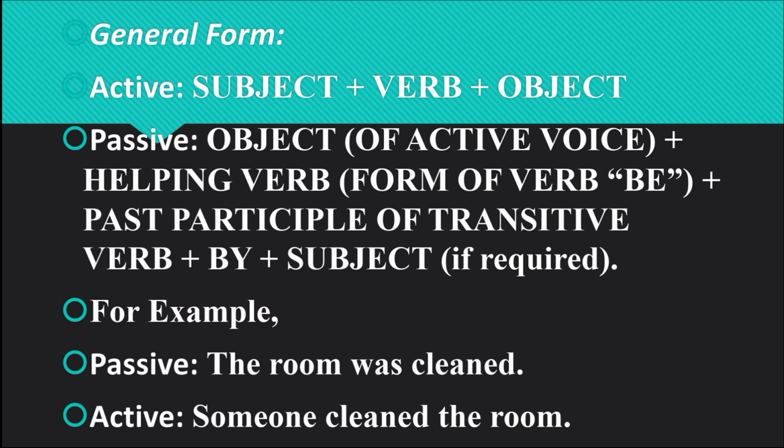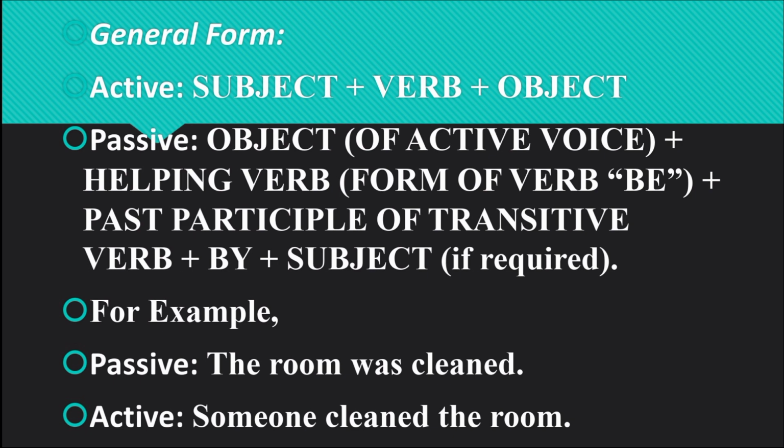So the general form of passive voice is object of the active voice plus helping verb, that is auxiliary verb, form of verb be, that is am, is, are, was, were, plus past participle of transitive verb, plus by plus subject. By plus subject is not compulsory. If required, you can write.